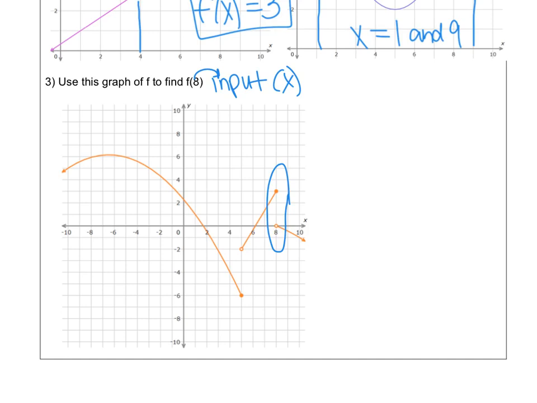I've got something that is a discontinuous graph, and it looks like we've got a solid value and then an open value. Since this open circle is actually not a point on 8, we have to go with the one above it, which is at 3. So this coordinate would be at 8, 3. So if 8 is the x, that means 3 is the y. So f of x would have to equal 3.